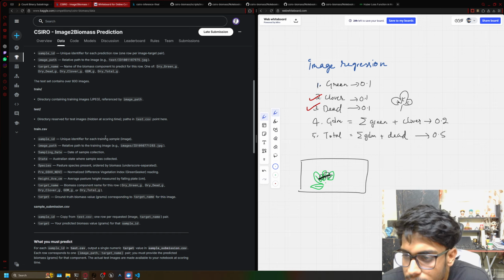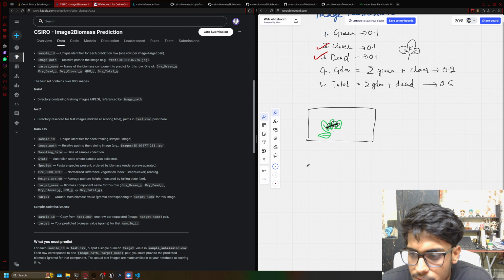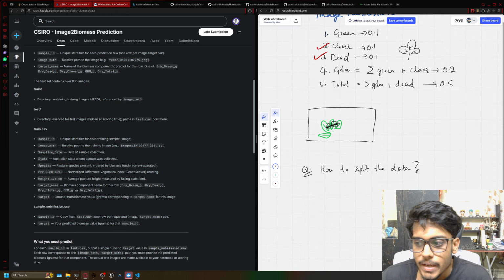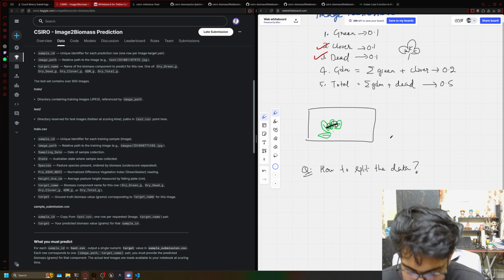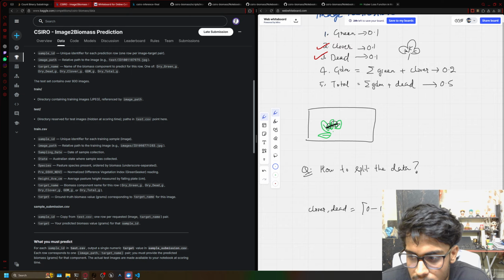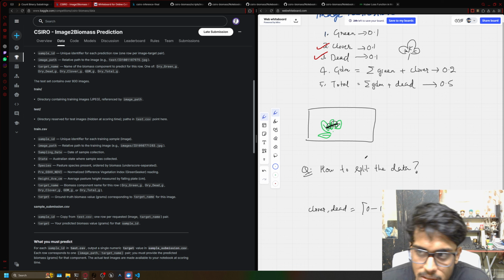So the first thing I had to do was figure out how to split the data. That was my first question. If your data set was not split in a good fashion, it might happen that in your train set all of your values for Clover or Dead are within 0 to, let's say, 1. Because if you randomly split with respect to green, GDM or total, you would get a good split.